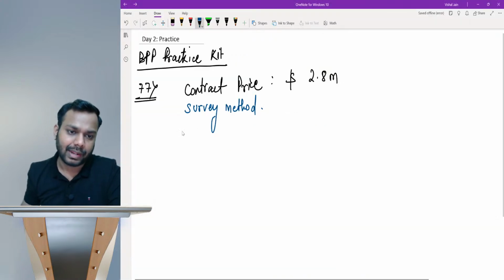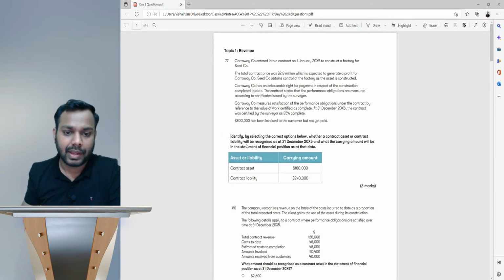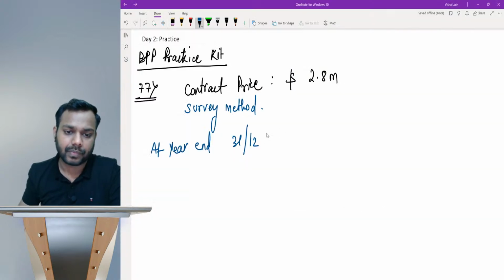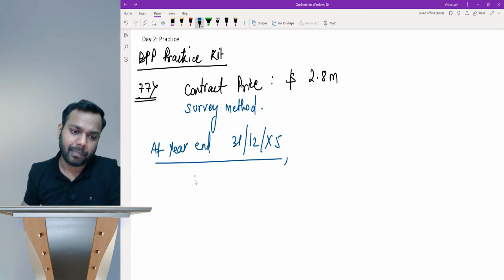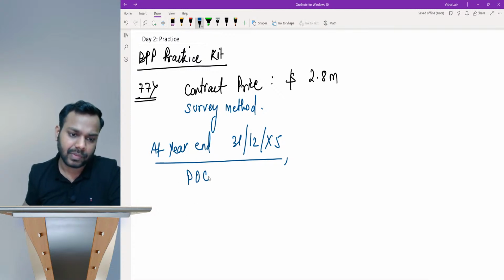So at year end, 31st December 20x5, the percentage of completion was 35%.